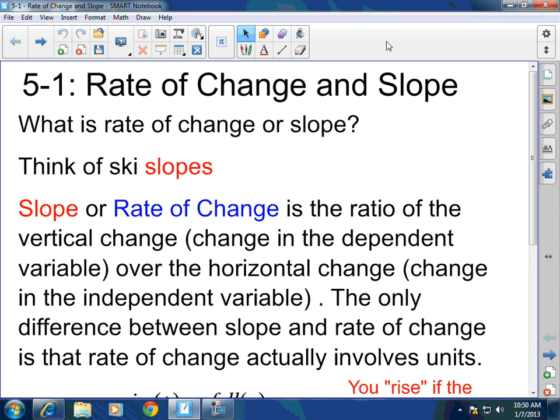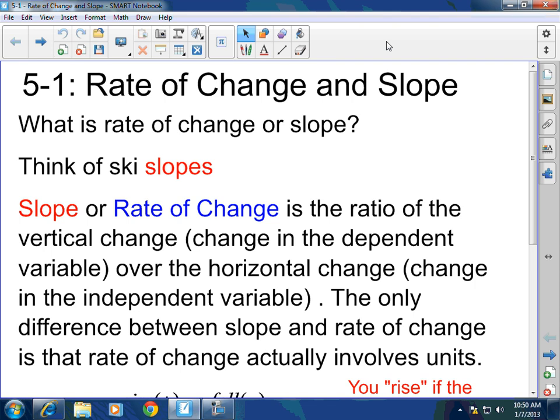Today, we're going to transition from functions to actual linear equations. If you remember, a function is a relation where there is only one particular y value for any given x value. And remember that a relation is a set of ordered pairs.